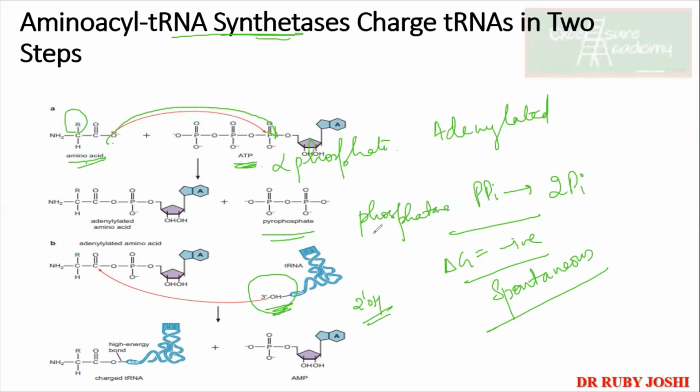This 3' OH is going to attack the carboxyl group. So what will happen? The acyl linkage is formed between the tRNA and the amino acid. This is called the charged tRNA. Finally, the AMP is released into the cytoplasm. Are we clear?